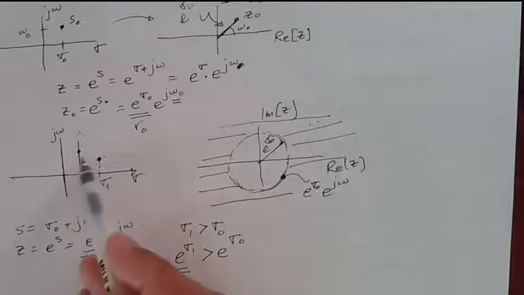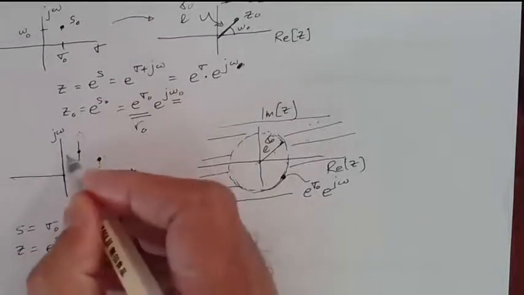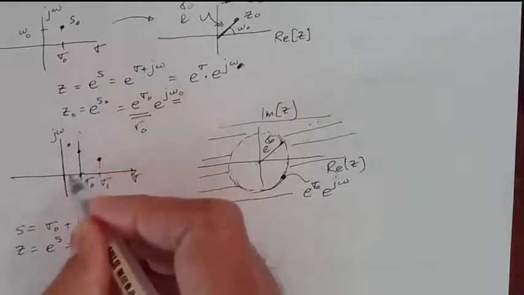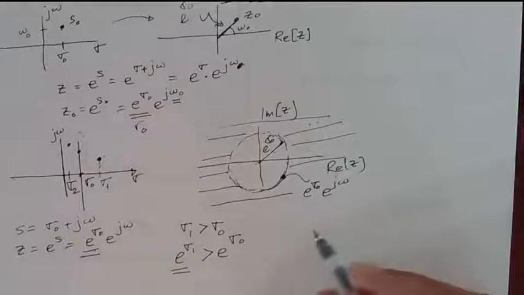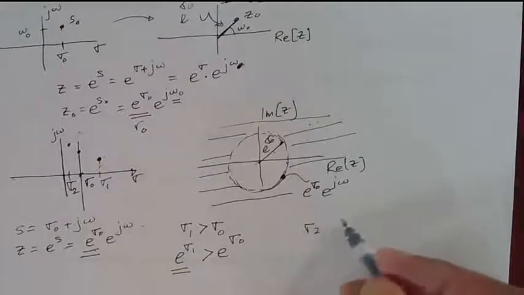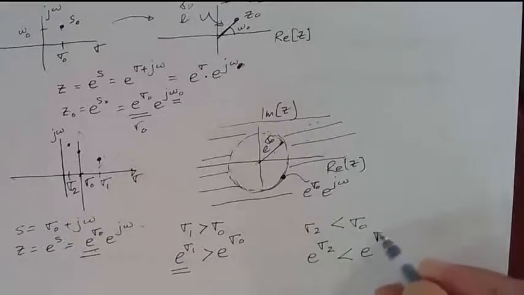Okay, same thing we can do here. We can pick any point here, and let's call that sigma 2. As long as sigma 2 is less than sigma 0, e to the sigma 2 will be less than e to the sigma 0.